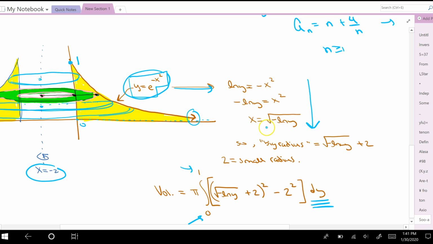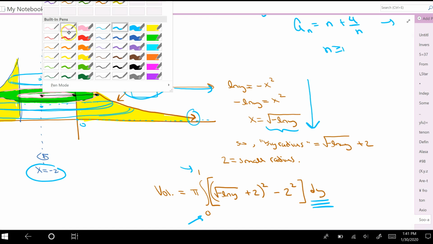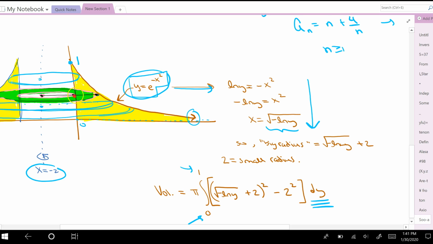You know what this distance is? That's just the distance from the y-axis to the curve. This is that distance x. We have to add this to it, though. So the big radius is -ln y plus 2. What's the small radius? Can you see the small radius is always 2?